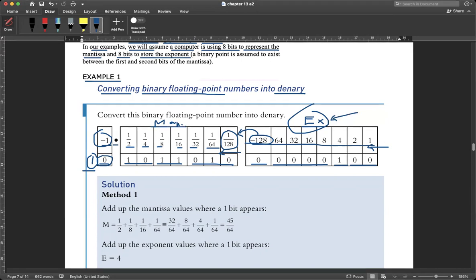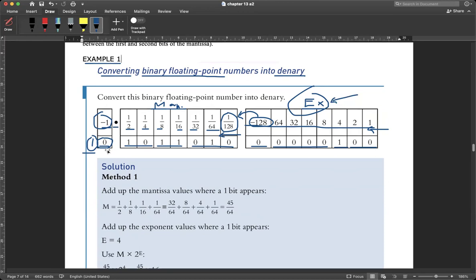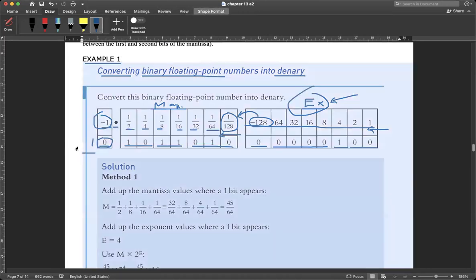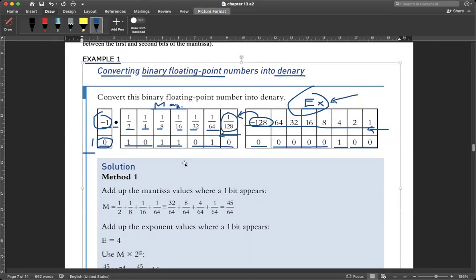This is the mantissa. Now, the question you see here is 0, 1, 0, 1, 1, 0, 1, 0. This is from mantissa. What you have to do, guys, you already know. You need to pick only the values which are having 1.